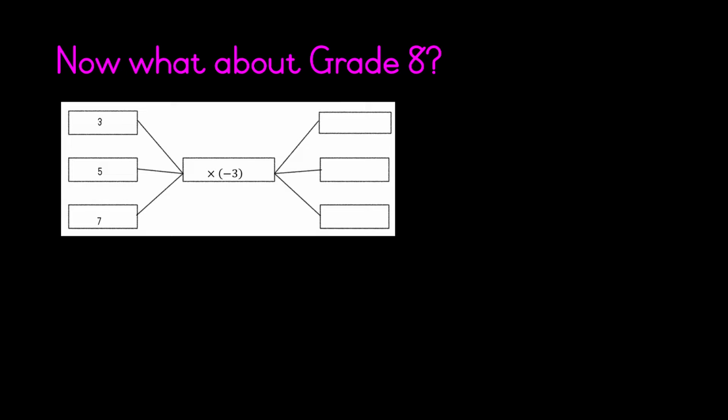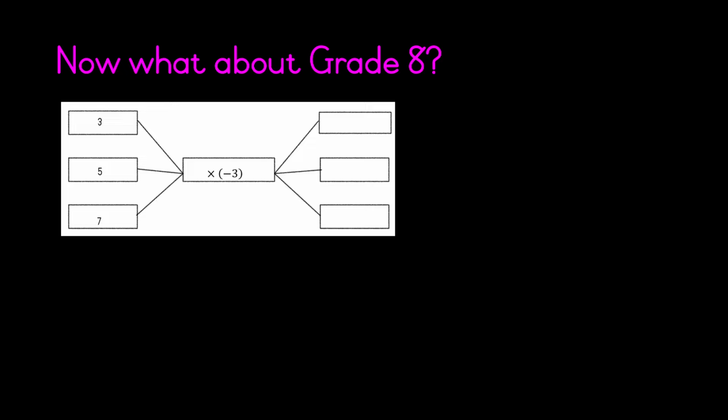So how are these different in grade 8? In grade 8 this is basically what our spider diagrams look like. Most of the time the only difference is they are a little bit more difficult. The concept remains the same, however, the rule may be a little bit more difficult to work out.